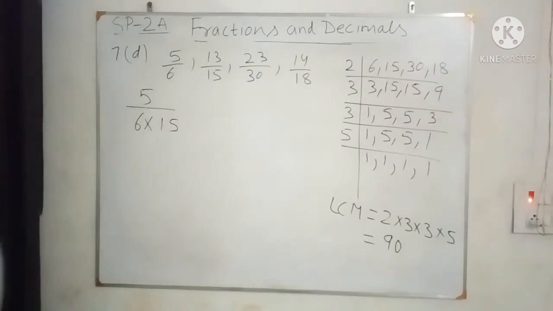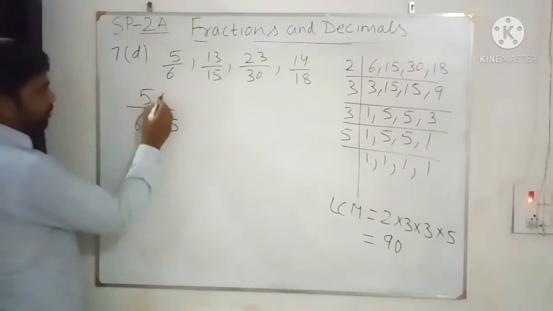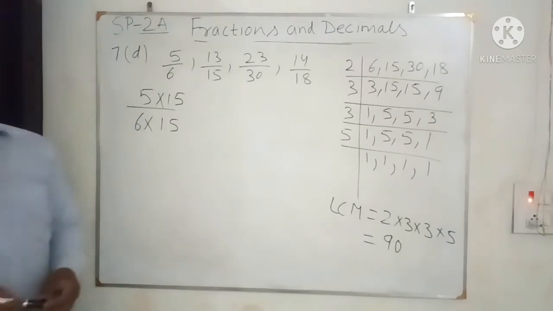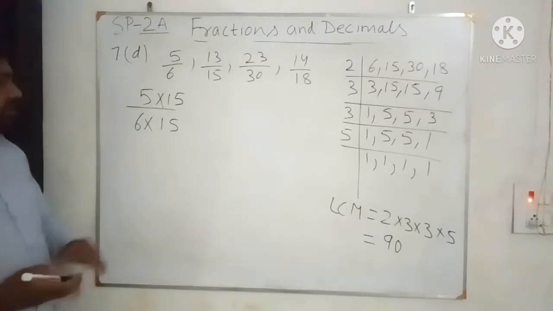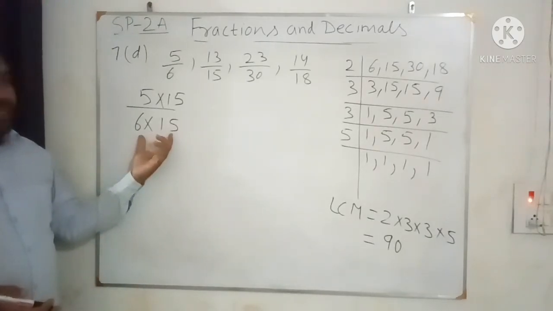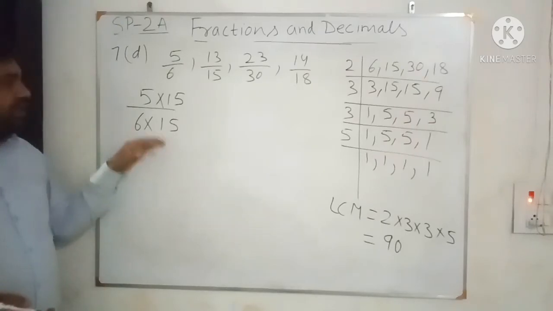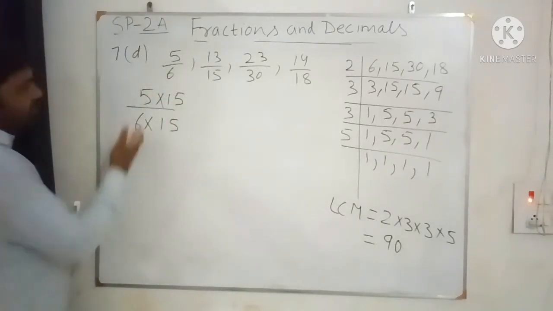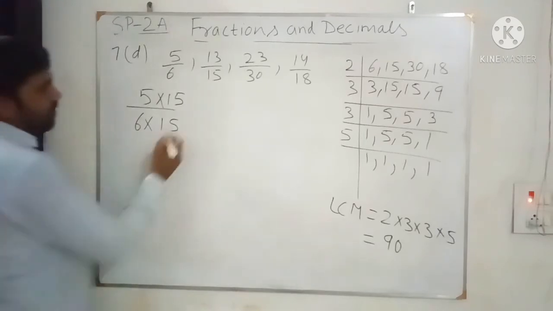Then this denominator will become 90. So you multiply the numerator also by 15. You cannot multiply only the denominator. If you multiply a certain number in the denominator, you have to multiply the numerator also, so that its value remains the same. Because if you cancel this 15, the value will be 5 by 6 only.